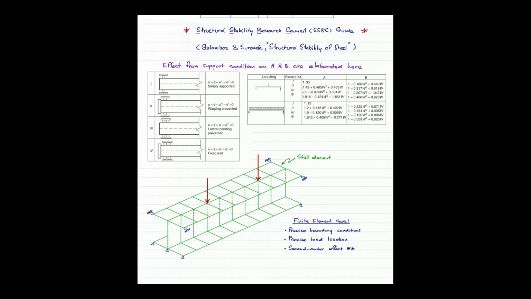But for steel structures, those people are very serious, and the loading point is made of a knife-edge sort of loading point to make sure that the boundary conditions and the load are identical to the finite element model, and it affects seriously.